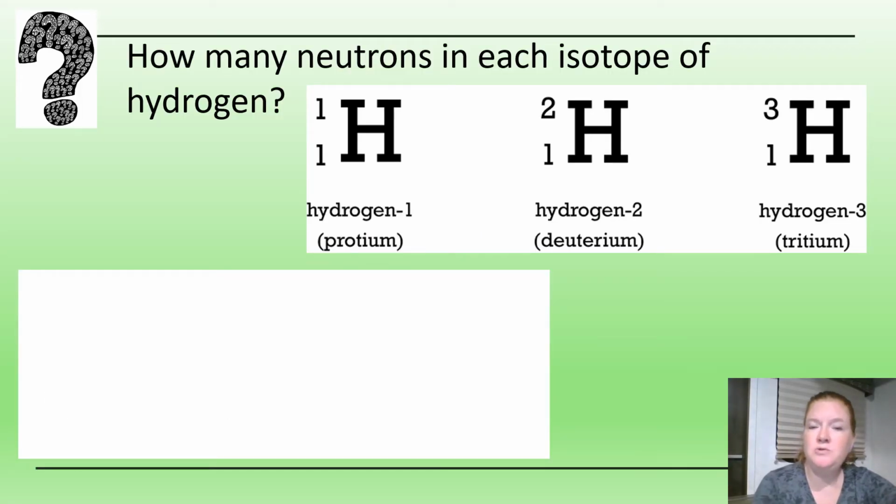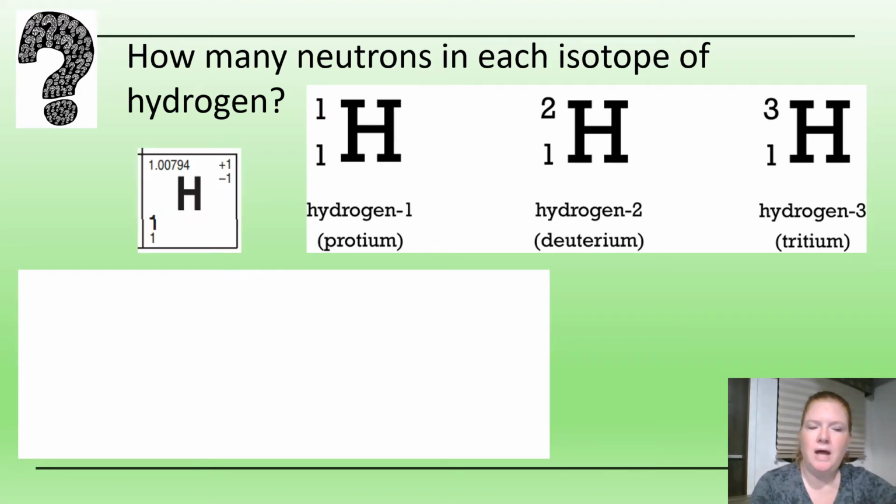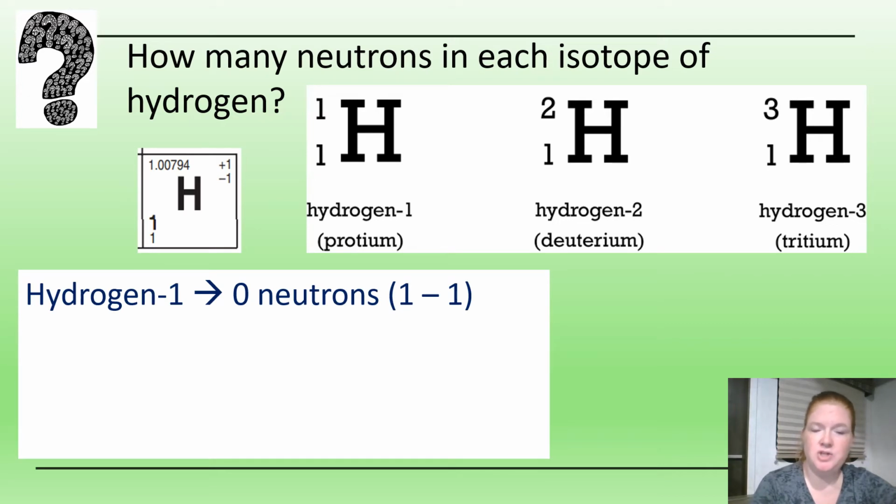So how many neutrons are in each isotope of hydrogen? You can see the symbols written with the numbers on the left side. On the periodic table, hydrogen has 1 proton. So for hydrogen 1, to find the number of neutrons, I do 1 minus 1: 1 for the mass number minus 1 for the atomic number.